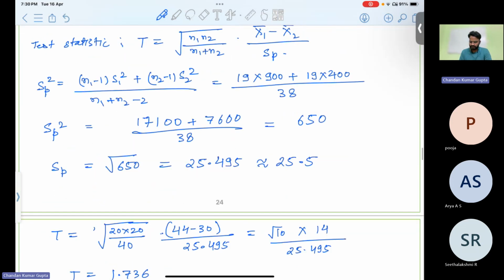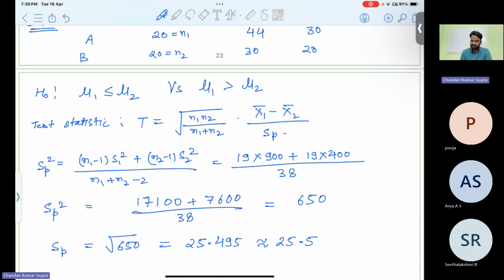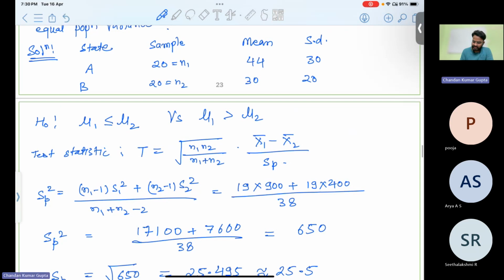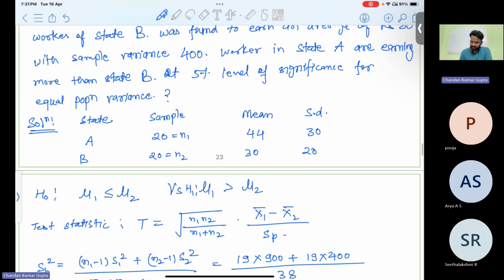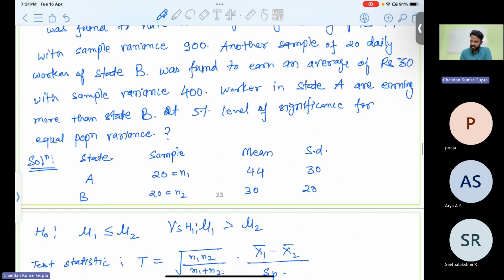We accept the alternative hypothesis, that mu1 is greater than mu2. That means country A is earning more than country B. So this is clear.